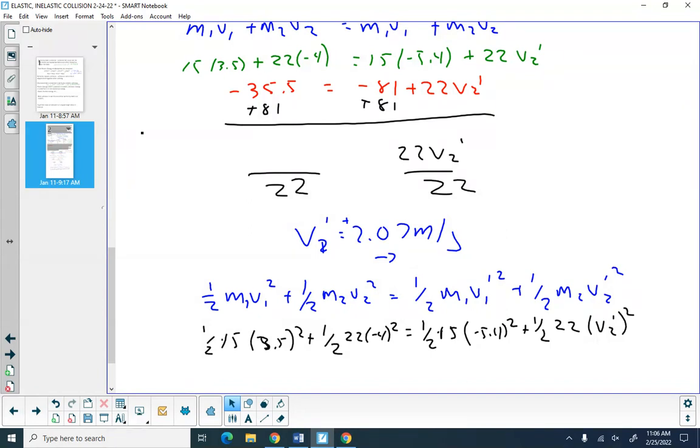We get 2.11 meters per second, which is close to the same velocities.